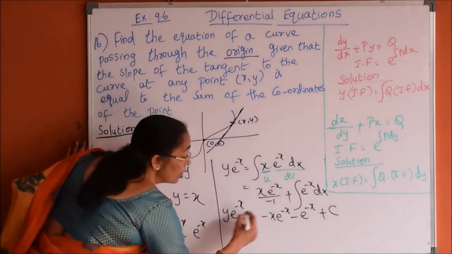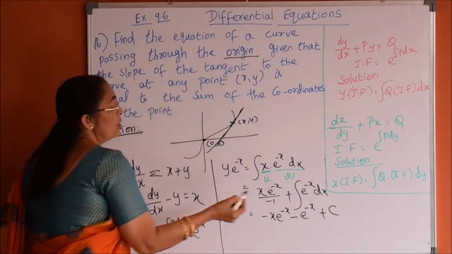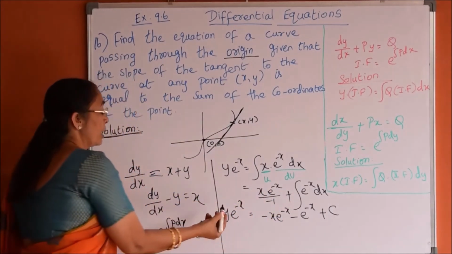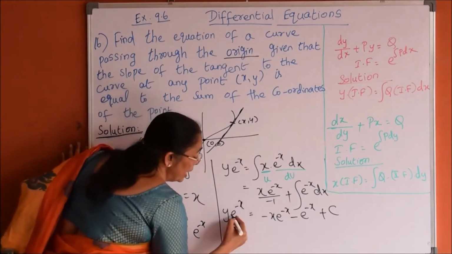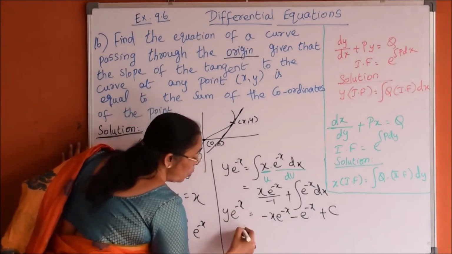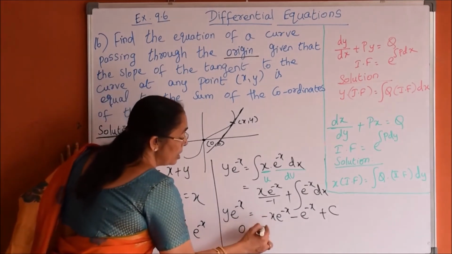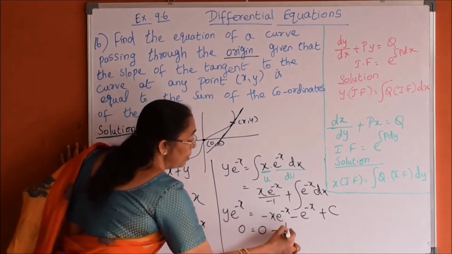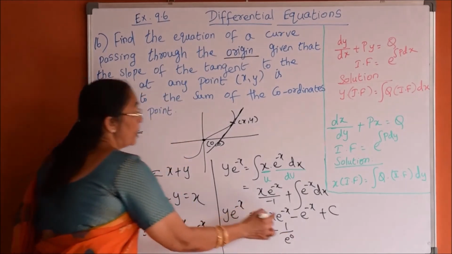Now it is given that the curve is passing through origin. So to find the value of c, let us substitute x is equal to 0 and y is equal to 0. So we will get here x 0, y 0, 0 is equal to, again here this part is 0, minus 1 by e to the power of 0 plus c.